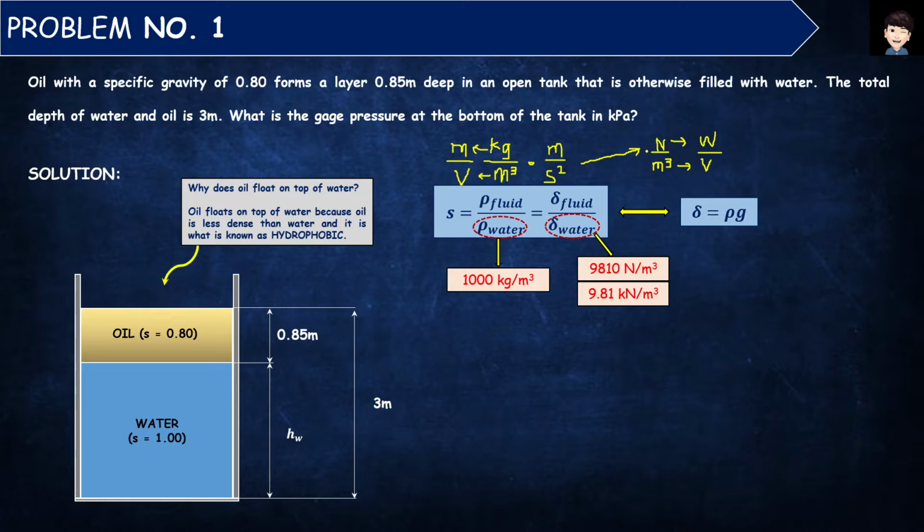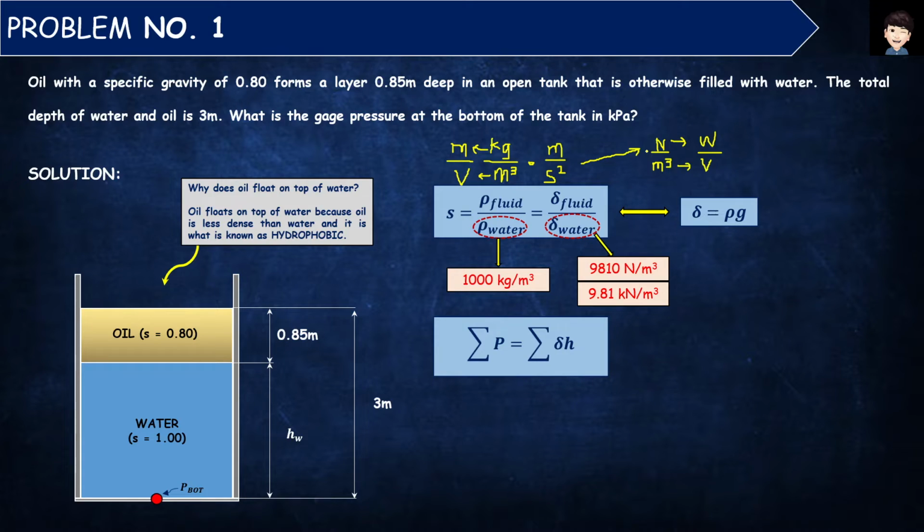Okay? So, balik tayo sa problem. Ano ba yung hinahanap? So, what is the gauge pressure at the bottom of the tank in kilopascals? So, ito yon. Yan yung location na hahanapan natin ng pressure, at the bottom. So, ito yung formula for pressure. Summation of pressure is equal to summation of gamma times height.